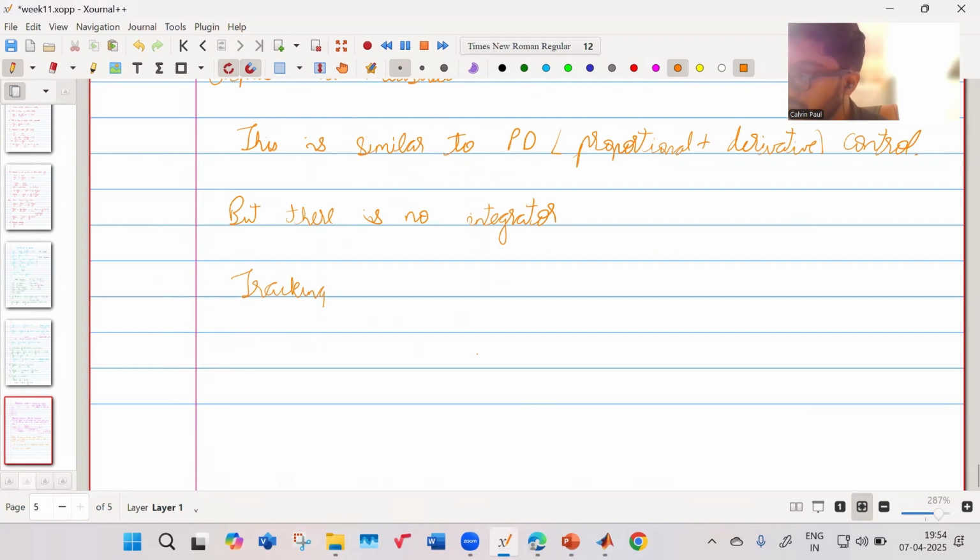So tracking is not shown. The best thing is to say the reference is not considered. So the system performance with the reference is not shown. It's not considered in the simulations.